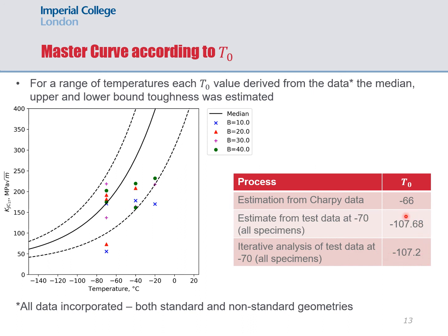So both of these methods give you very similar T0 results, and the Charpy estimation gives you an extremely conservative estimation of T0.